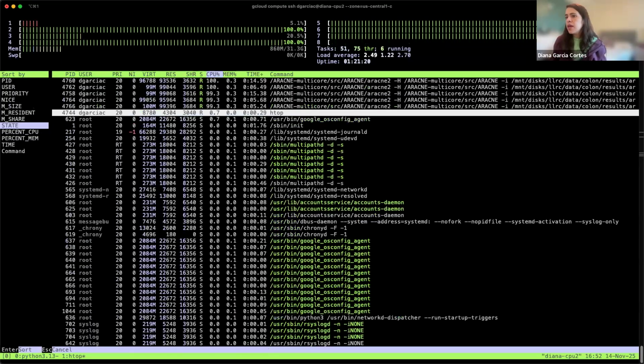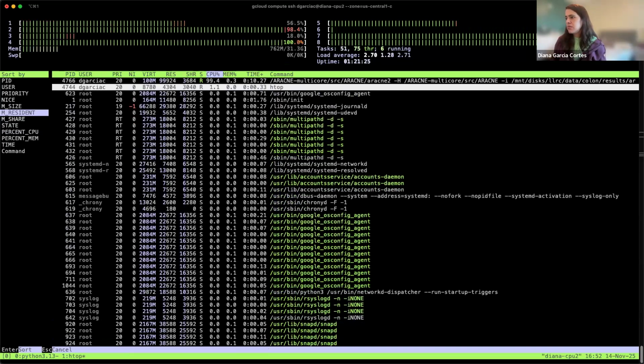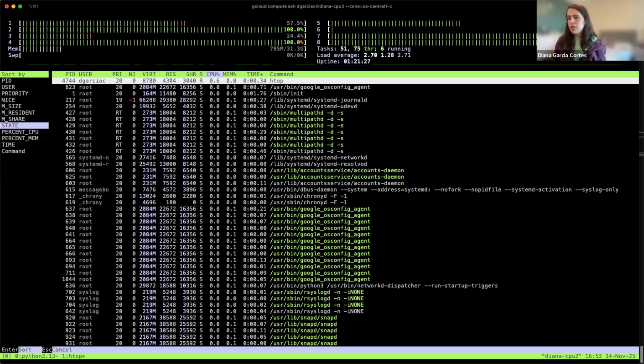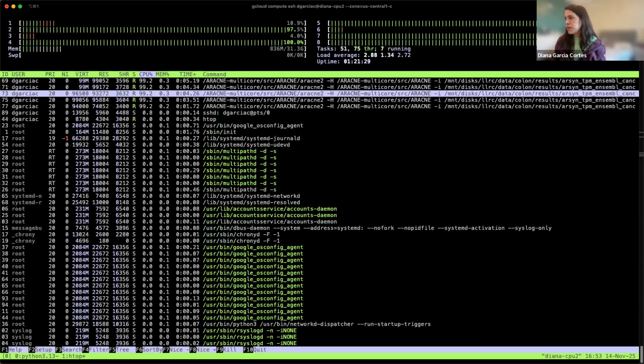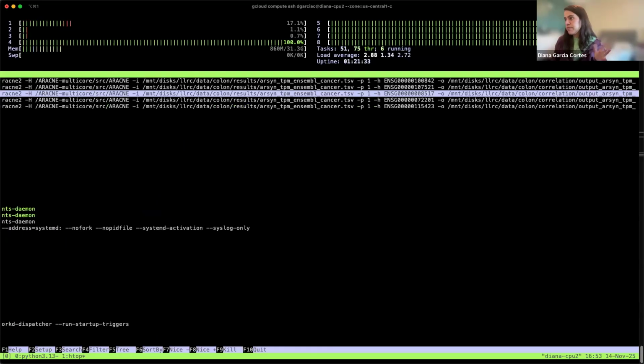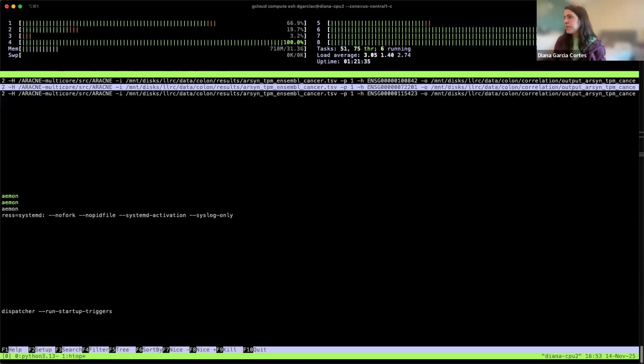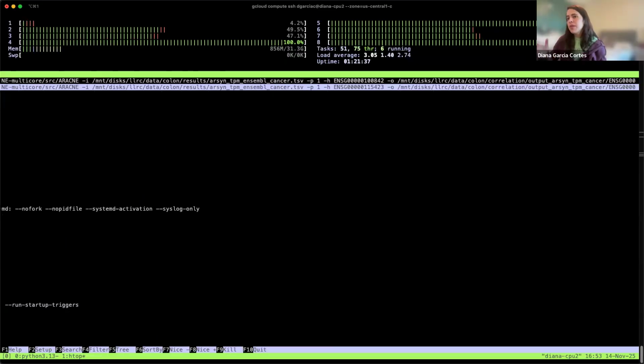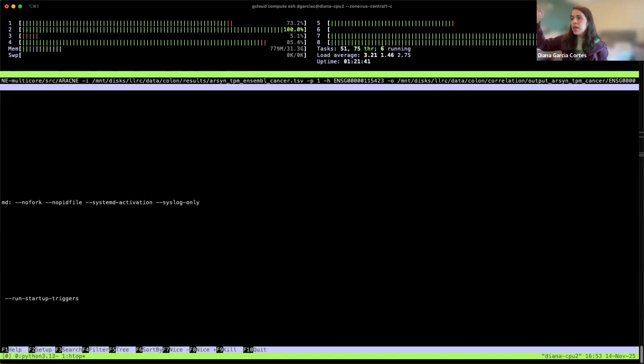Yeah, okay. And I guess when the tasks die, they get removed from htop, and sometimes I can catch them because they run fairly fast. And then you can see all the cores going up and down and up and down.